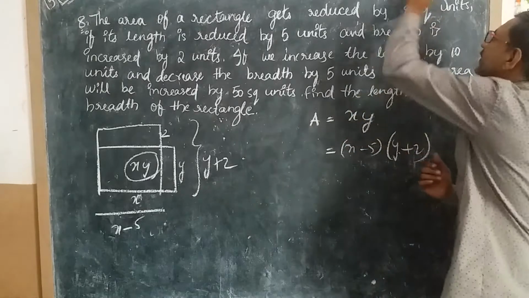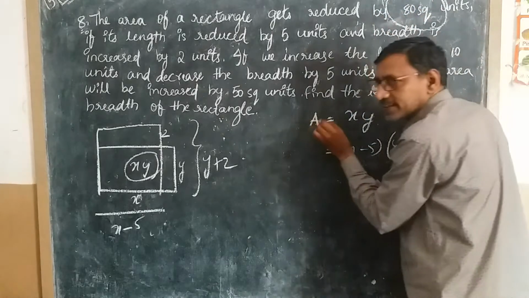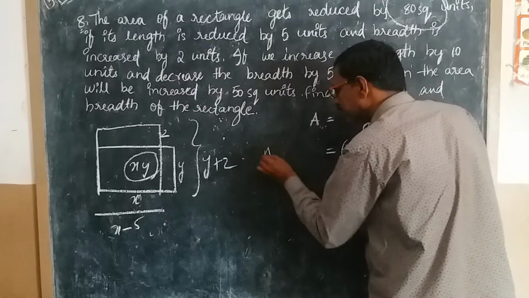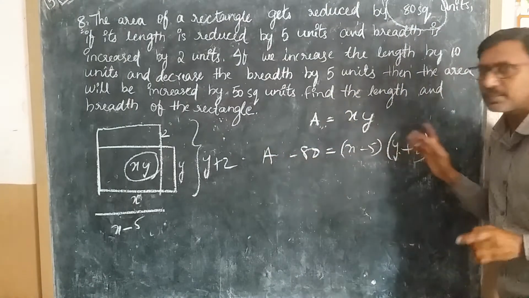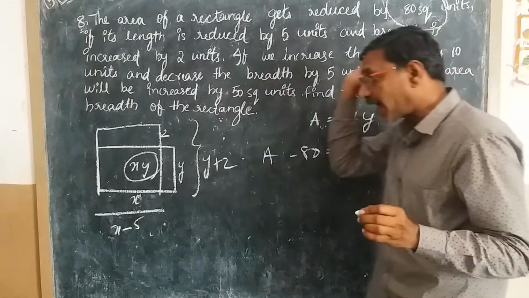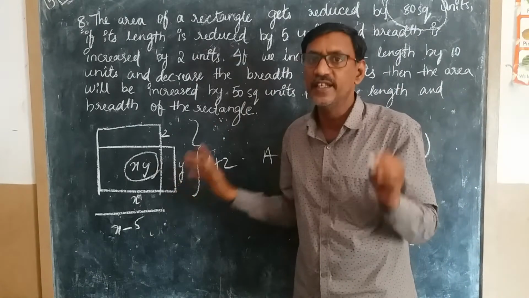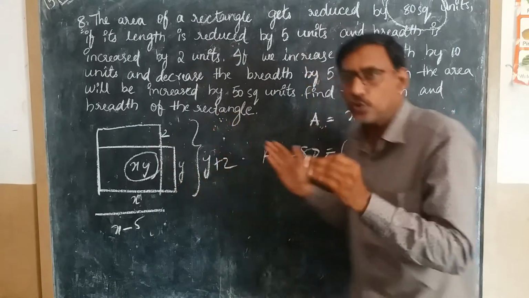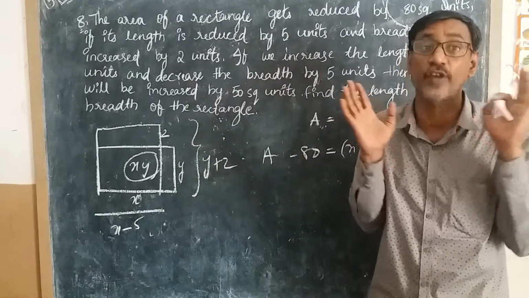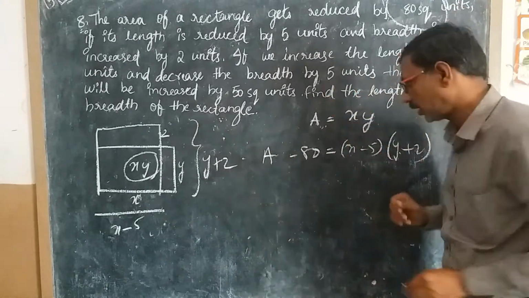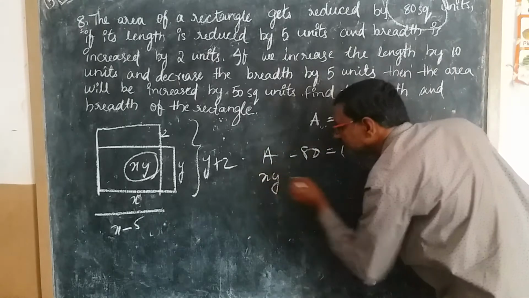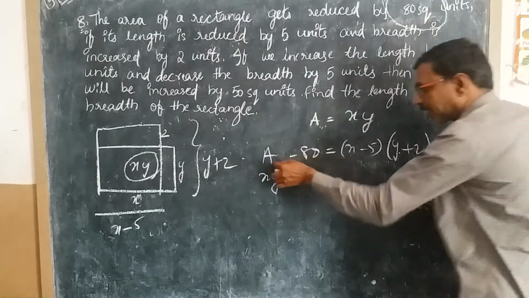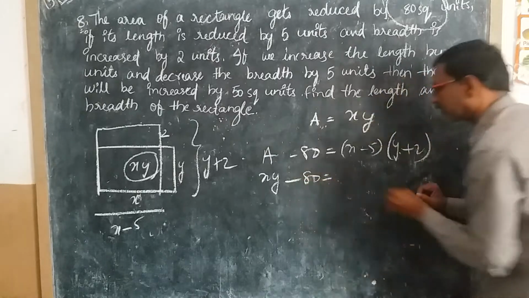Then the area is reduced by 80. But A is nothing but xy. I defined xy initially to write a linear equation, that is very, very clear. Therefore, in place of A, I can write x into y. Area of the rectangle is reduced by 80 is equal to.